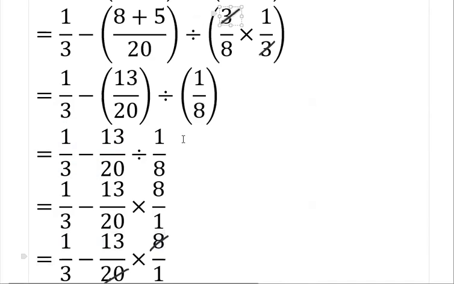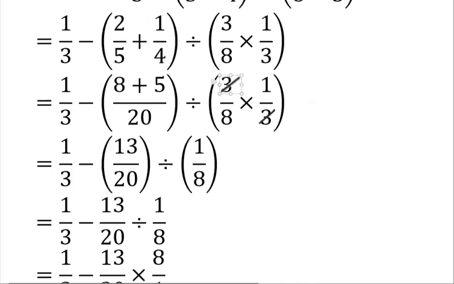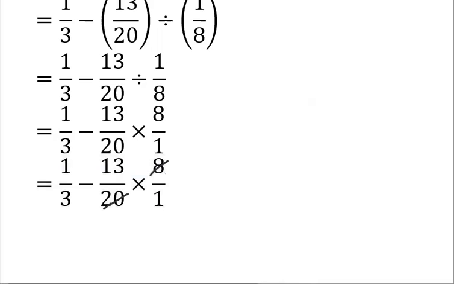Okay, let's see. Before then, let's just put our number first. We're still going to cut it. So we'll be left with 2 here, and we'll be left with 5 here.